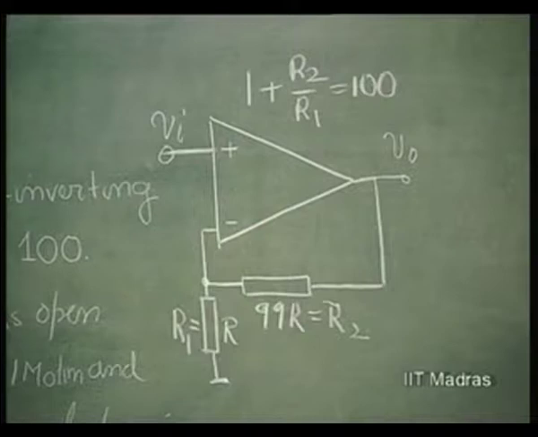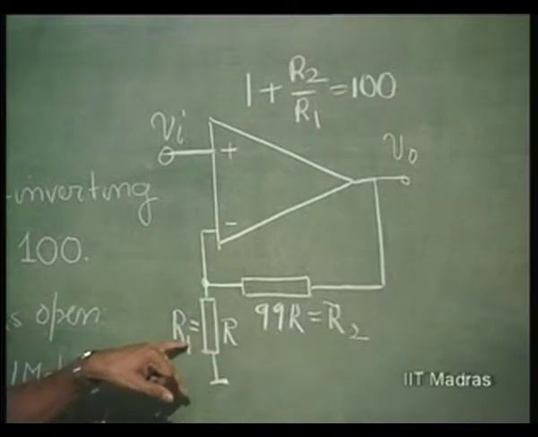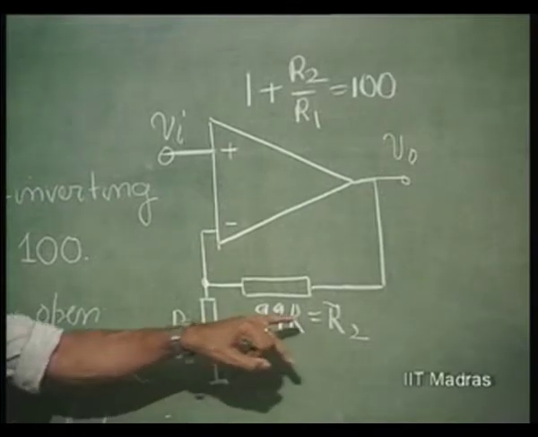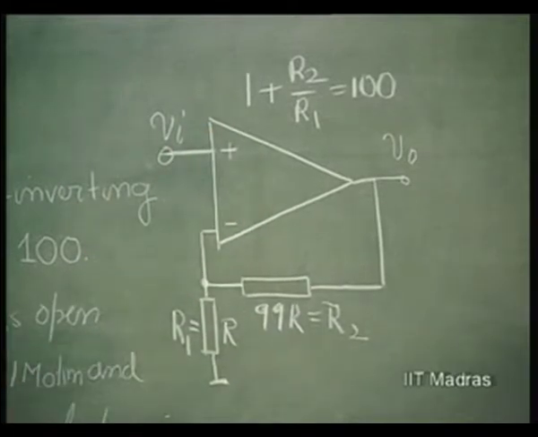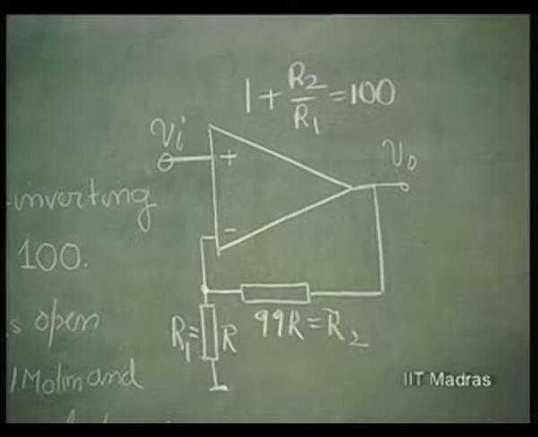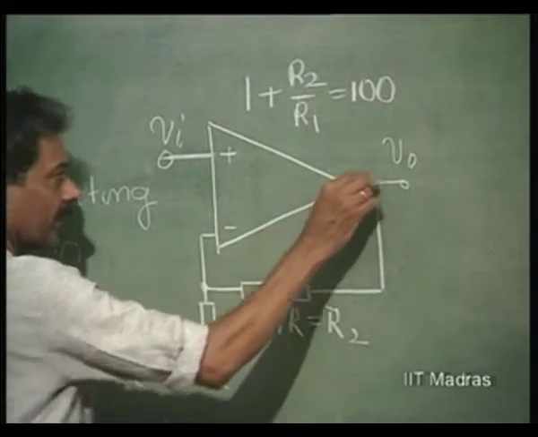So R2 over R1 should be equal to 99. So R1 is taken as R, R2 should be 99R in order that this amplifier should give you a gain of 100. This simple design is going to work very satisfactorily in practice.